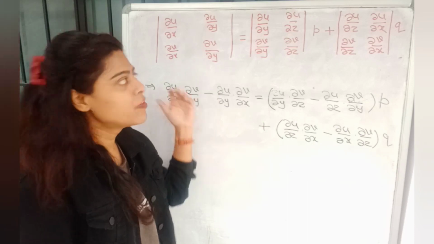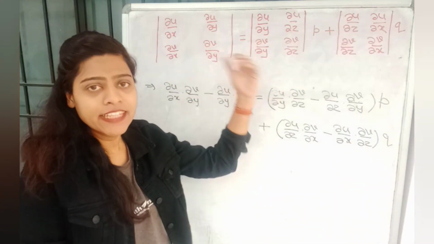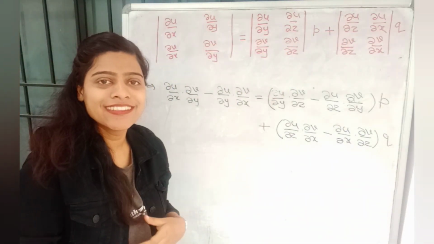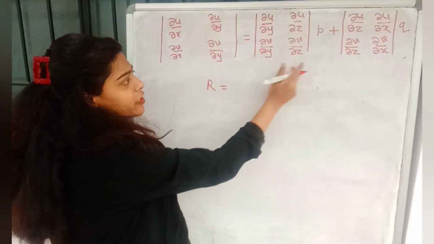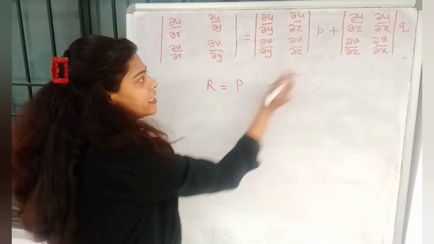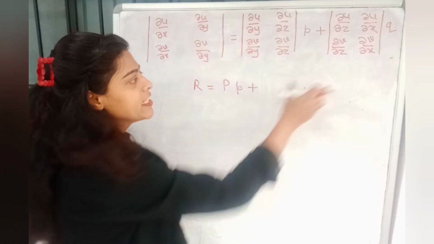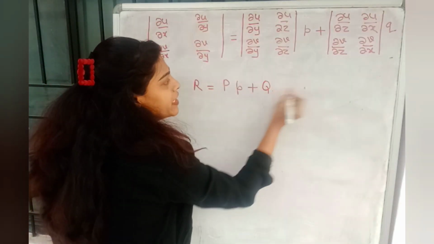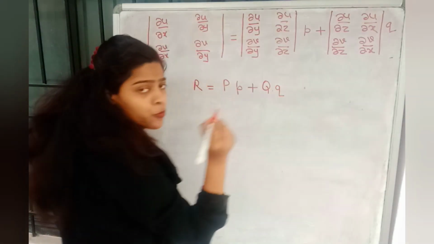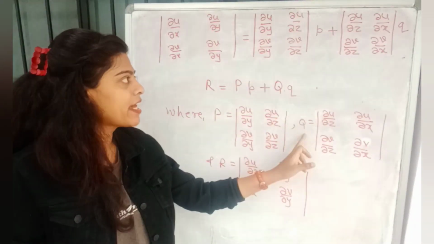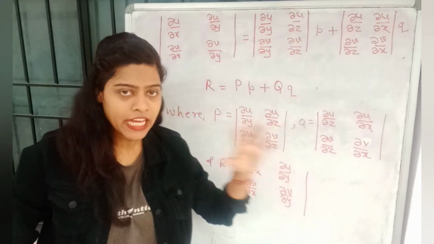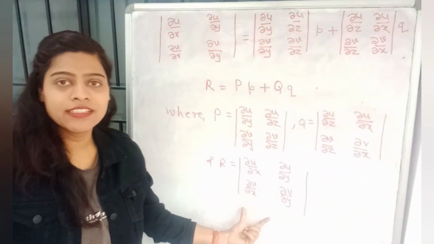From this equation we have obtained this determinant, that is, this can also be written as: we denote this determinant as R, we denote this determinant as capital P into this small p, plus this determinant as capital Q into this small q, where this capital P is equal to this determinant, similarly capital Q is equal to this determinant, and capital R is equal to this determinant.